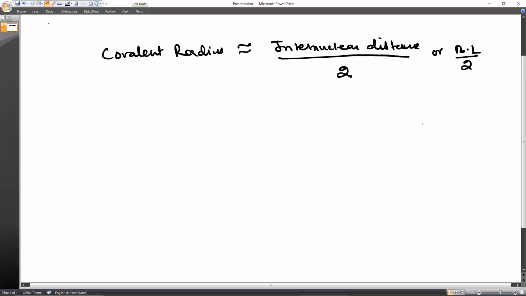The bond length means the distance between the two nuclei, divided by 2. Got it? Yes.